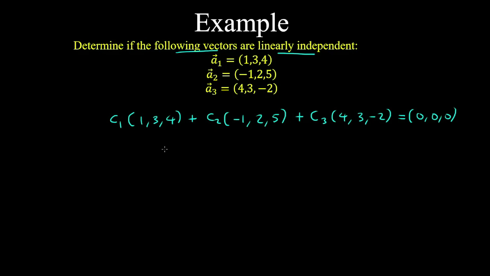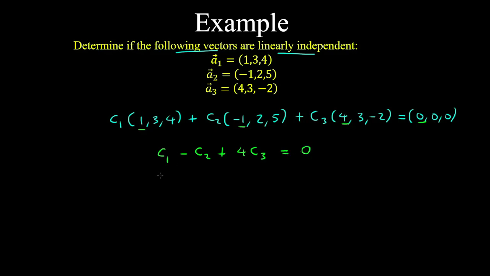From this, we have C1 minus C2 plus 4C3, taking the first component of each vector, and that's equal to 0.